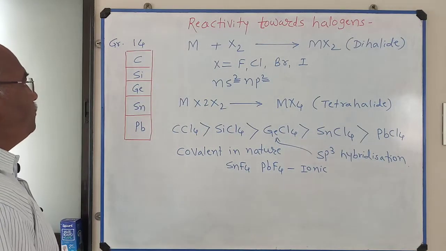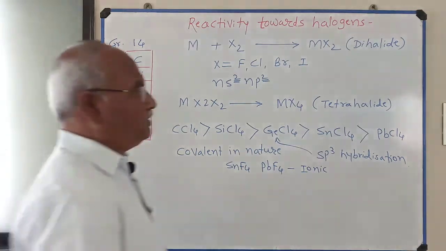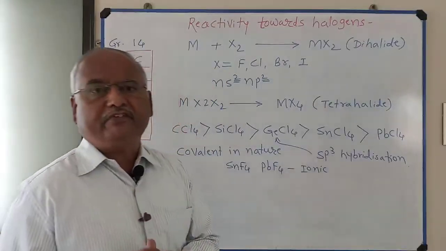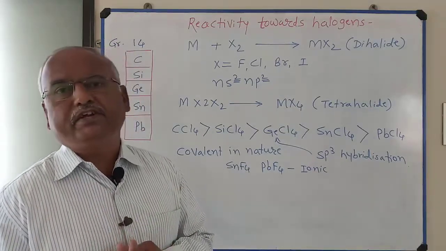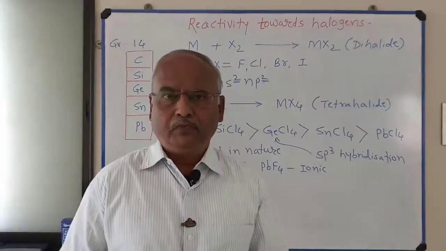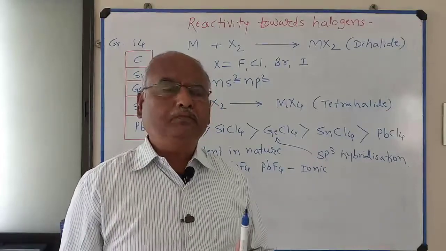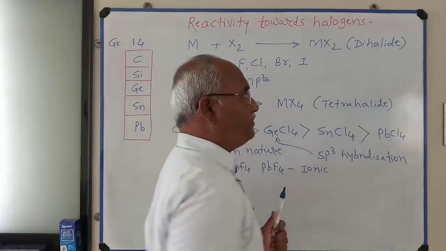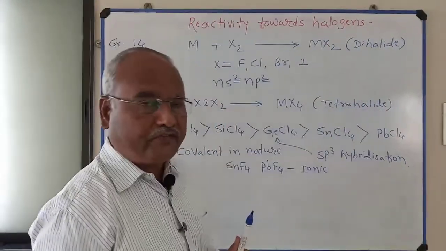Again, while going from top to bottom in a group, the stability of tetrahalide decreases and the stability of dihalide increases due to inert pair effect.